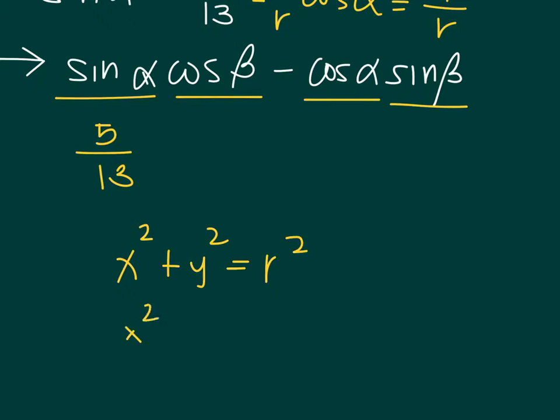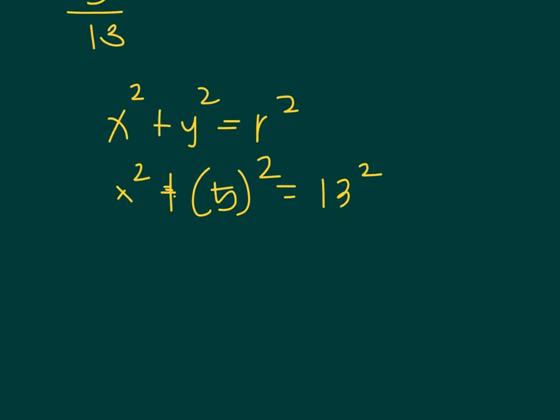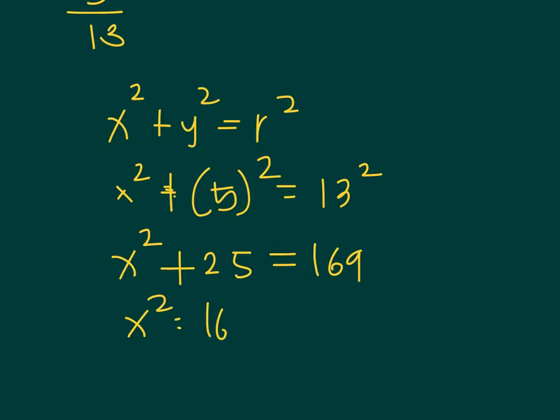We already know the y and the r. So x squared plus 5 squared equals 13 squared. So x squared plus 25 is equal to 169. X squared is equal to 169 minus 25.